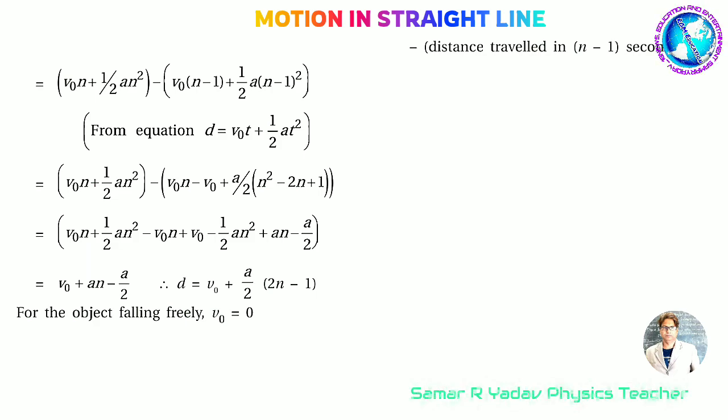Therefore d is equal to v0 plus a/2 (2n minus 1).